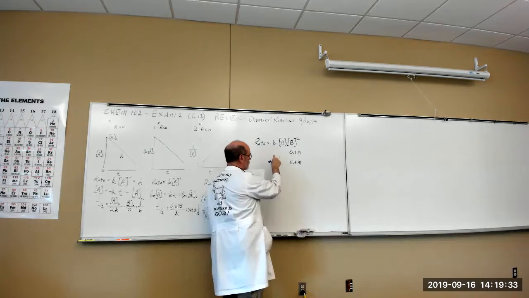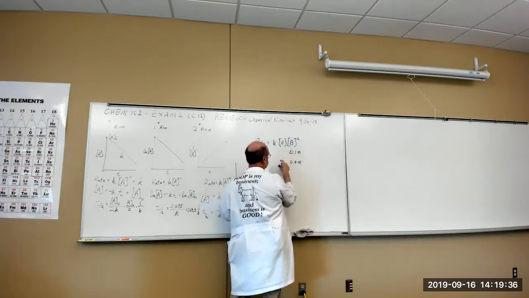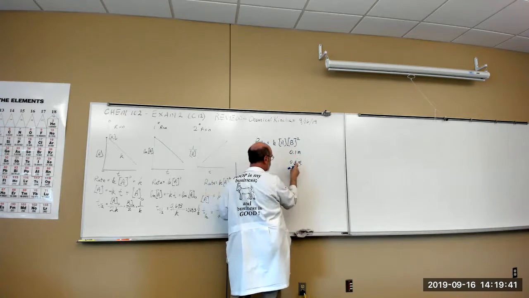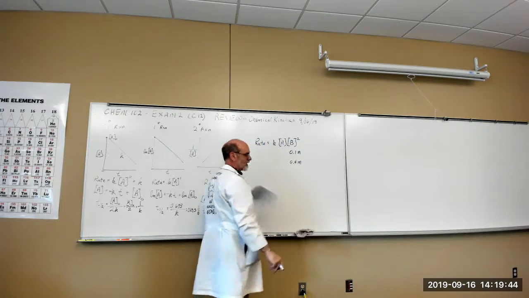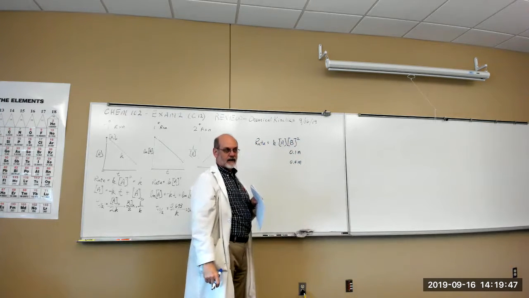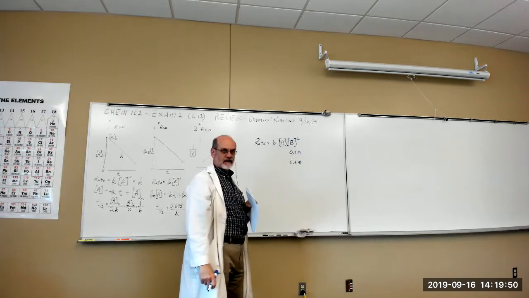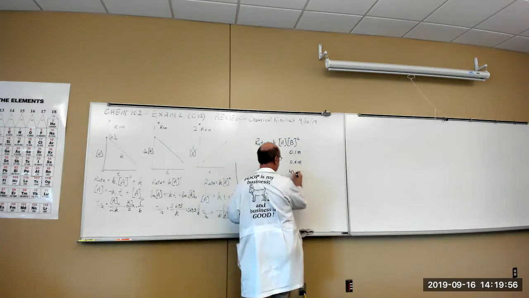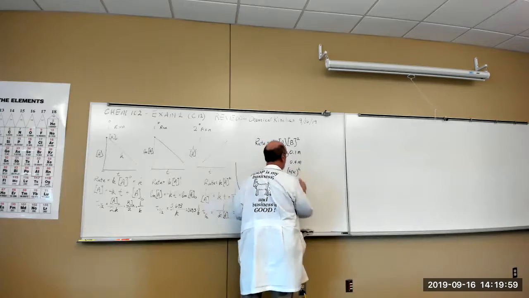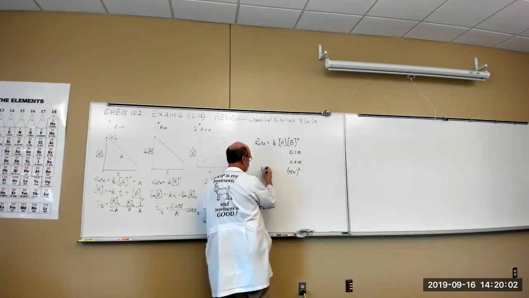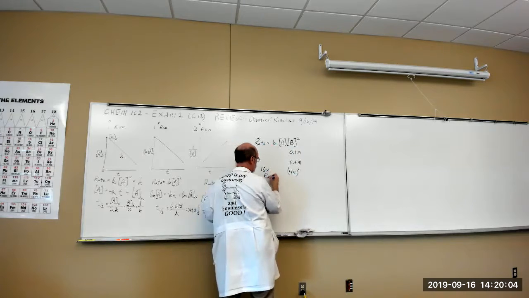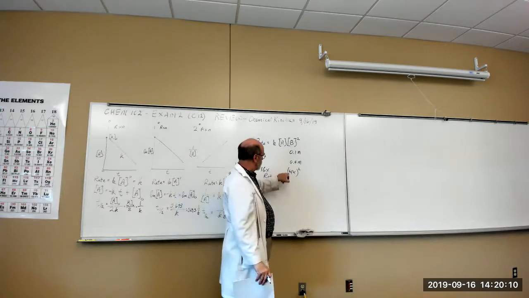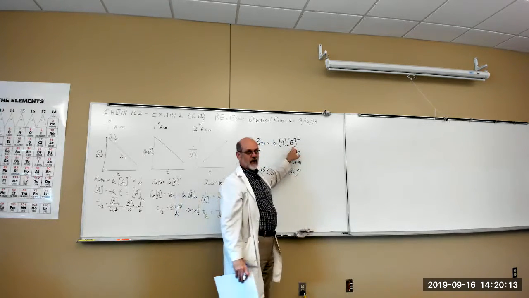This constant doesn't change. These values don't change. And we're holding A constant. We're only going to change B. So B goes from 0.1 to 0.4. What effect does that have on the rate? How much have we changed B? 4 times. Right? 4 times. Squared means 16 times the rate. That's what that means. The effect on the rate is squared for a change in concentration of that factor.